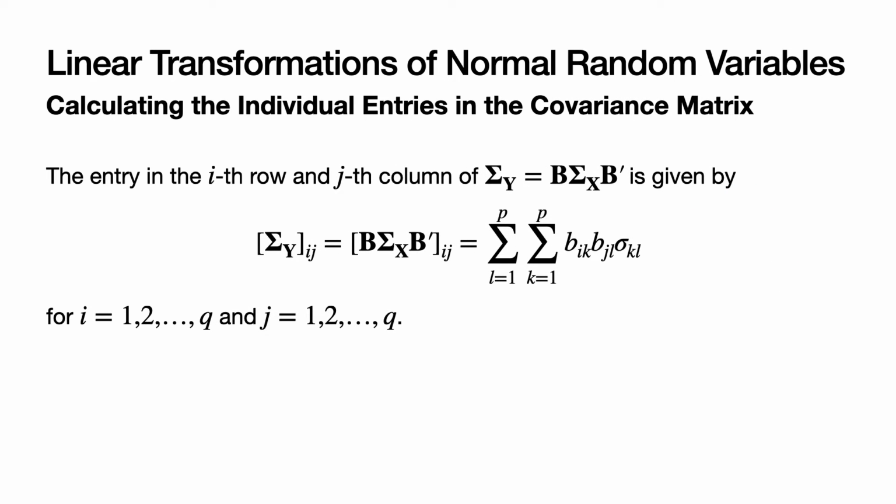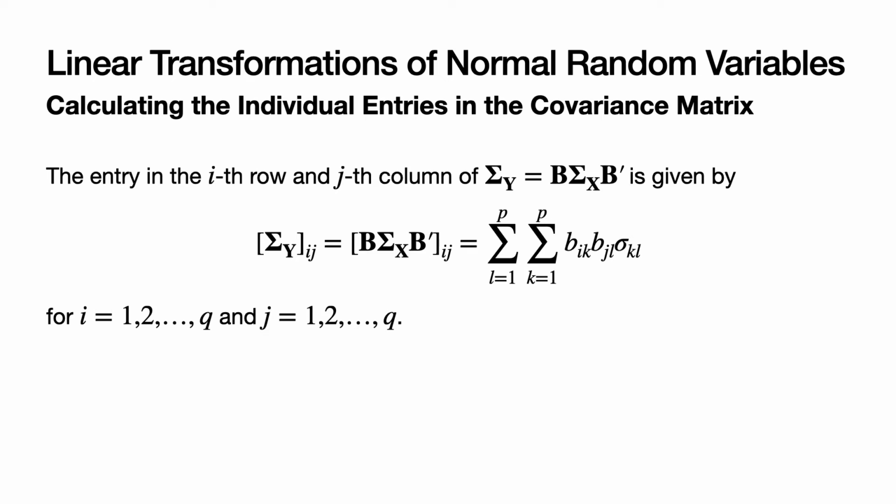The entry in the ith row and jth column of the covariance matrix of y, capital sigma sub y, is given by the expression: the sum l going from 1 to p and the sum k going from 1 to p of the terms b sub ik times b sub jl times sigma sub kl.